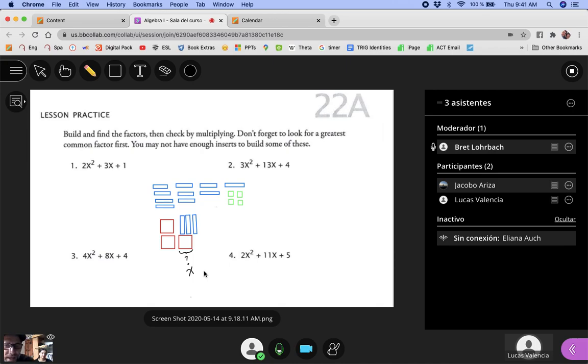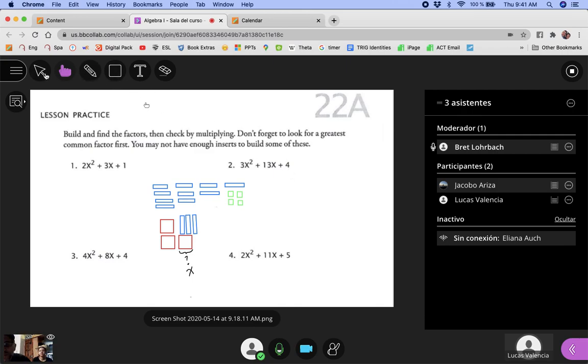When you arrange the x squares, I'm so glad you made that mistake, because this is what everybody has to learn. When you arrange the factors of the first term, it's got to be the same idea as the third term.